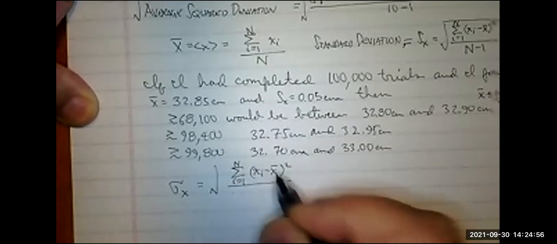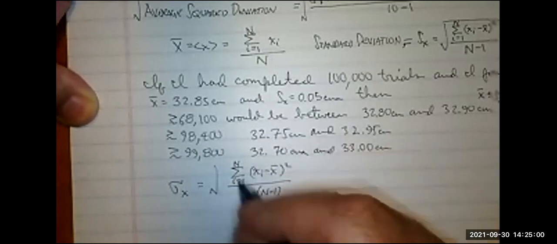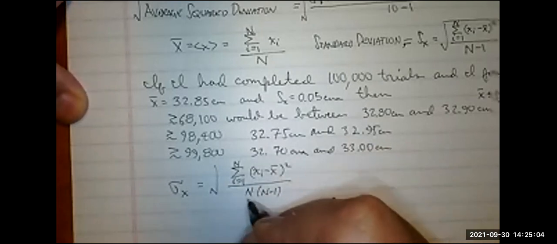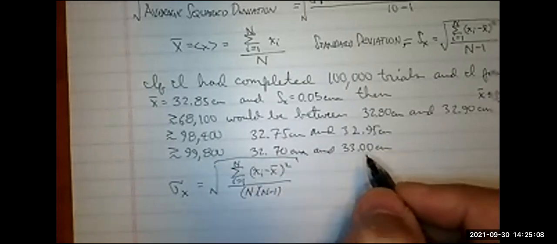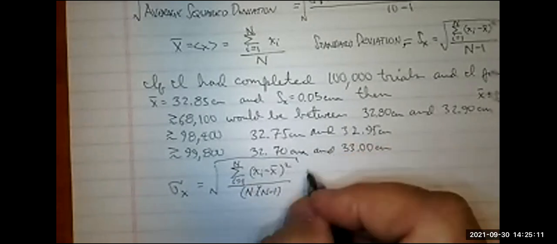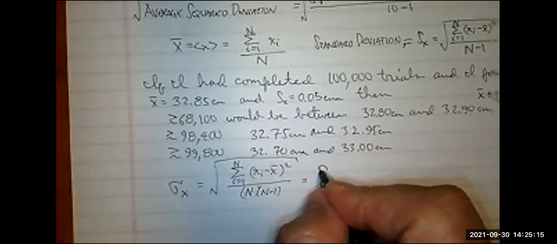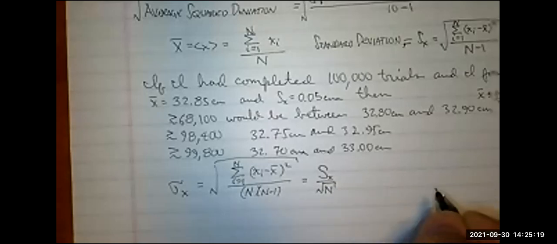And of course, for the standard deviation I divided by n minus 1. But now that group is going to be big enough that I can actually just divide it by n. And that's the actual formula for the standard error. The good news is, once you have the standard deviation, it's super easy. You just take the standard deviation and divide it by the square root of n, the number of trials.